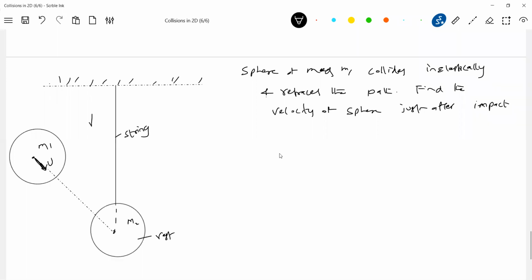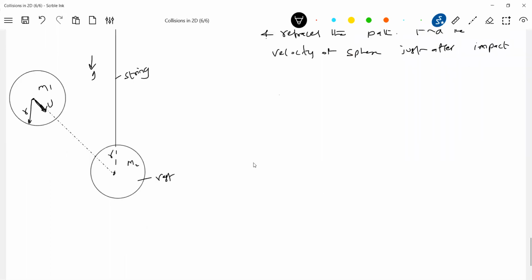The weight mg is acting. Both have the same radius. The masses are different, that's all here. Now, what do we have to follow here, what are the rules?